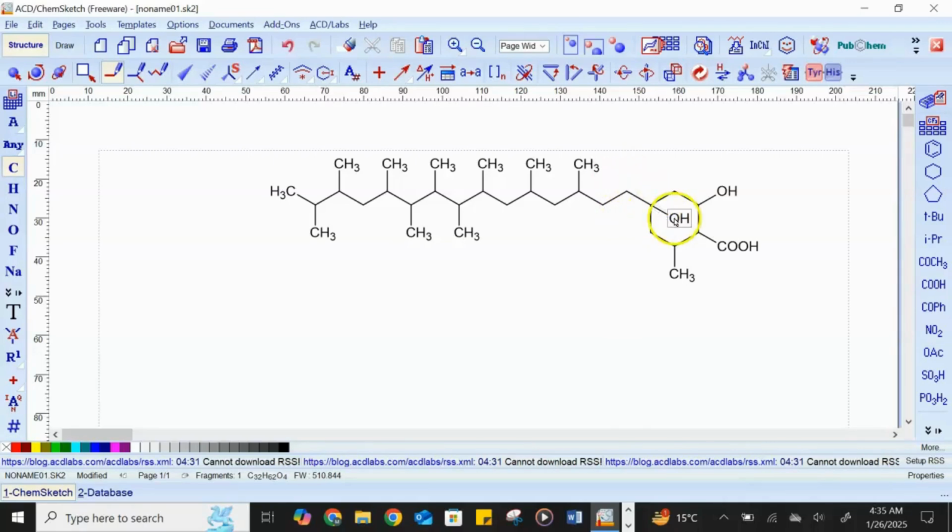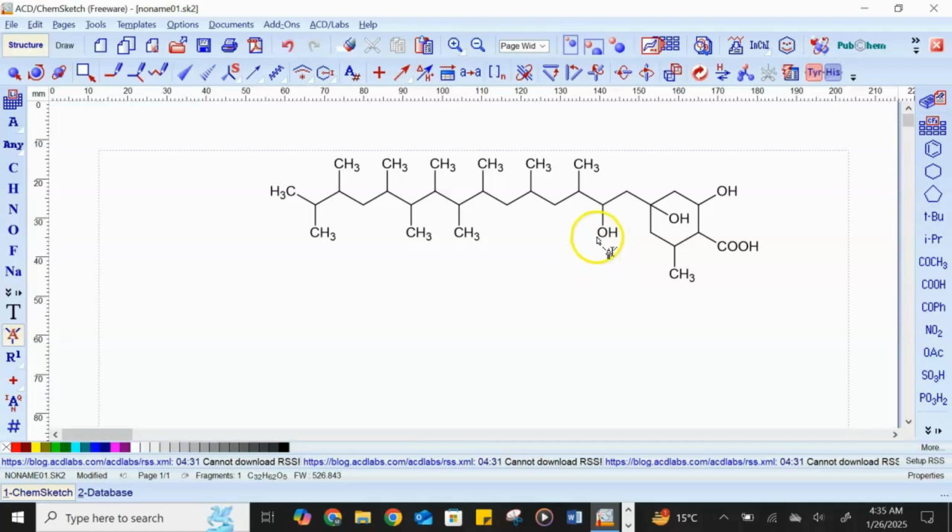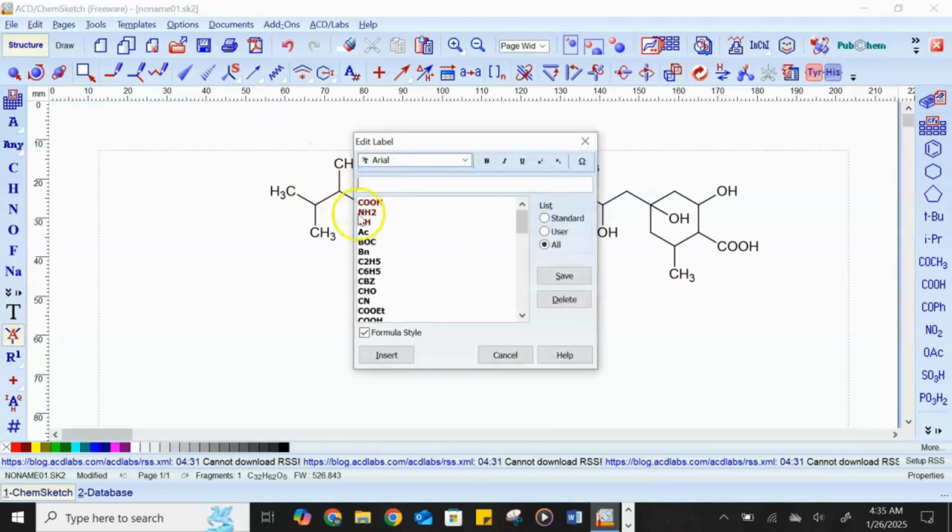This carbon has a hydroxy group connected to it, and the second carbon, 1, 2, has a hydroxy group connected to it as well. Add it once you're done. The next thing is carbon 3, carbon 4. This carbon 4 requires a hydroxy group.